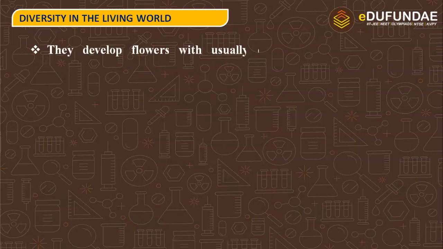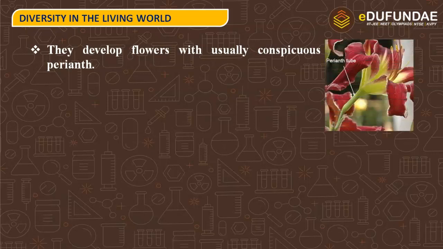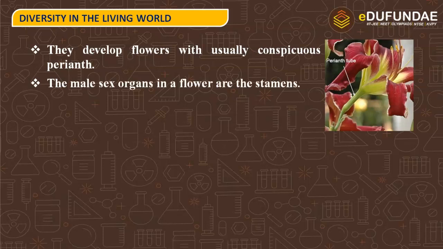Next we see that the flowers develop with usually a conspicuous perianth. What is a perianth? Here in the representation is the presence of a tube, that is the perianth tube. It is the outer part of a flower consisting of the calyx, that means the sepals, and the corolla, that is the petals. The male sex organs in a flower are the stamens.